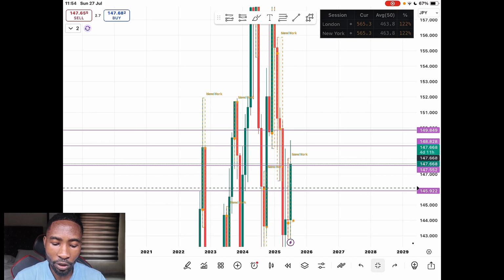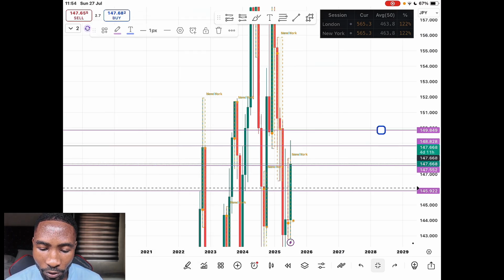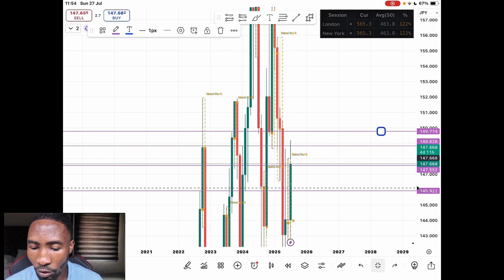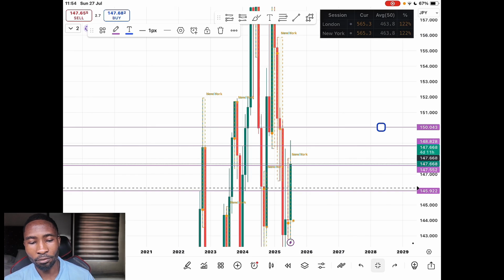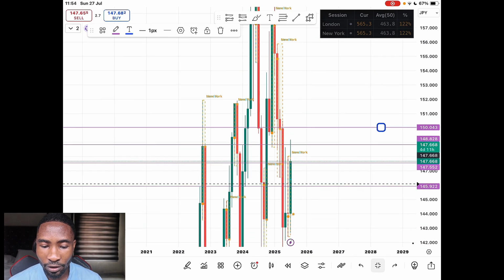We see what is going to happen at this particular zone, which is let's just say 150 mark. We see what the market is going to react. There's going to be a lot of reaction in that spot, because that's the psychological zone.